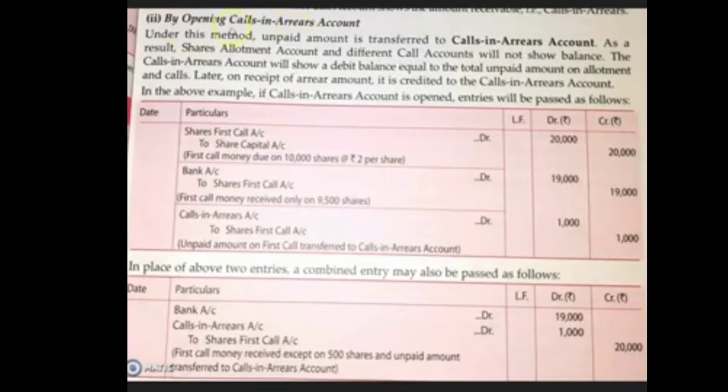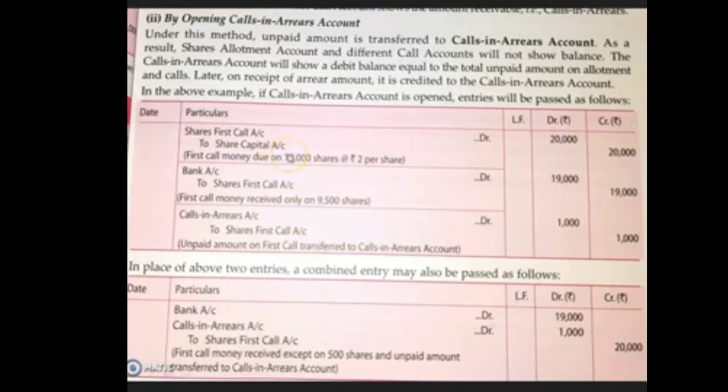Now the next case is by opening the calls in arrears account. Under this method, the unpaid amount is transferred to the calls in arrears account. You have to show the unpaid amount in a separate account known as the calls in arrears account. With the same example, the first journal entry is related to the due.